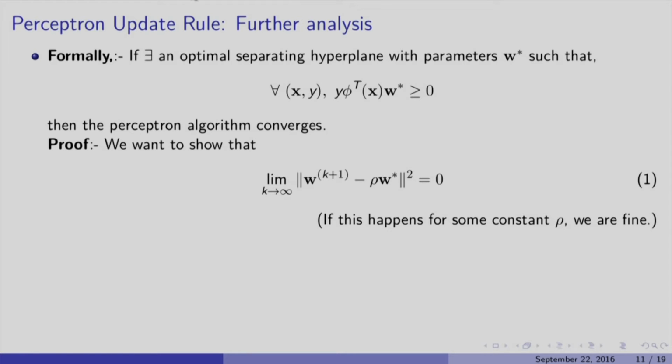So all we are saying here is that there is proper separation of the negative points from the positive points using the completely separating surface, which is characterized by the normal w star.